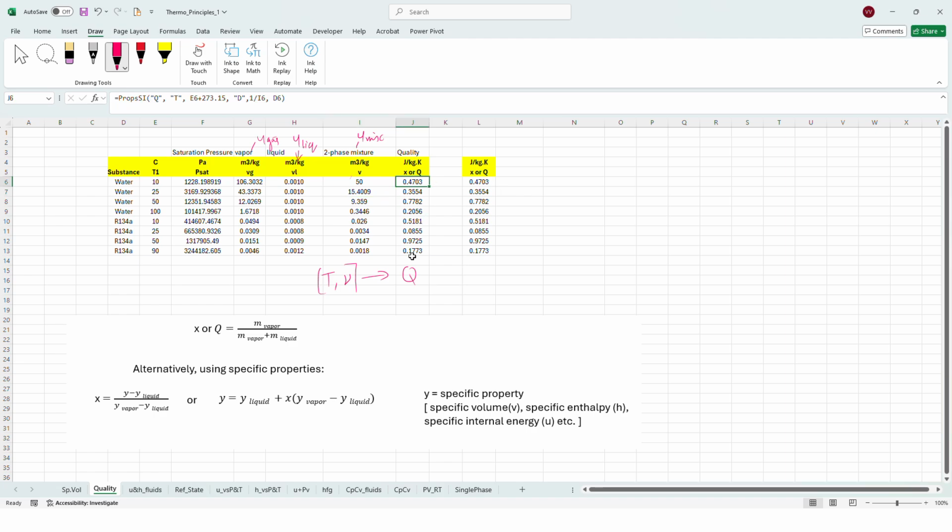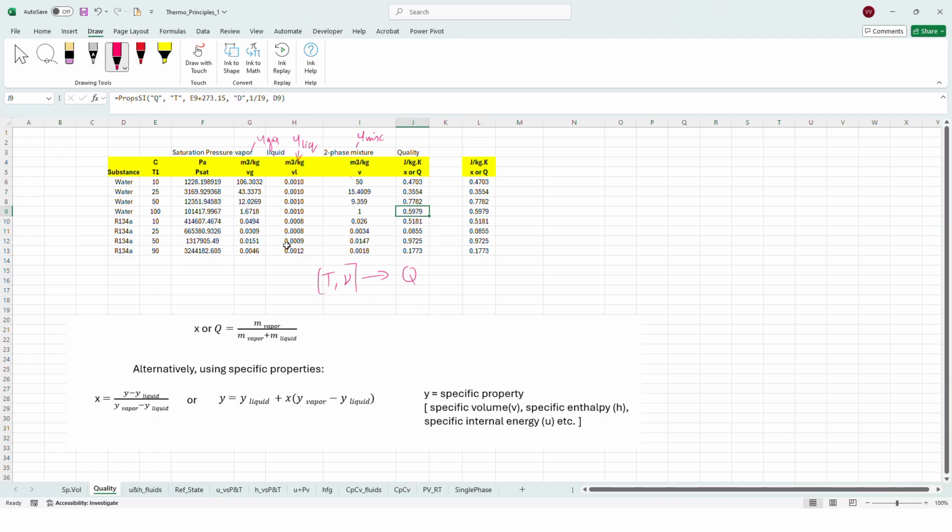Now you could calculate the same thing using this formula, without using the PropsSI function. Okay, you have Y liquid and Y vapor. Then you can use those three things to calculate X, and they match exactly. Okay, so you change these numbers and test it, and you can see that every single time they match.